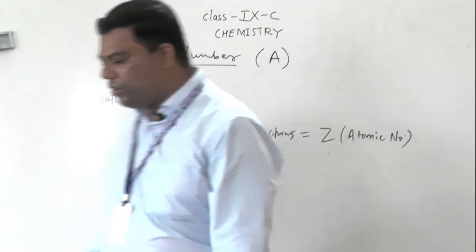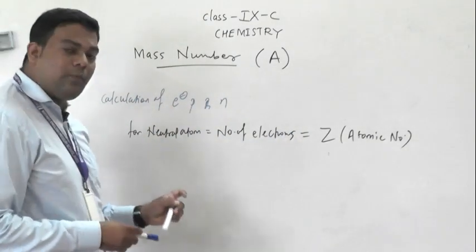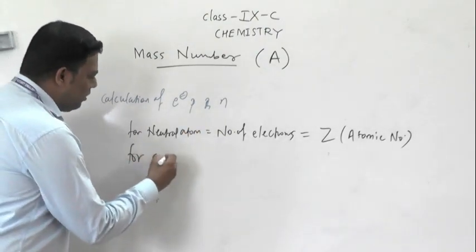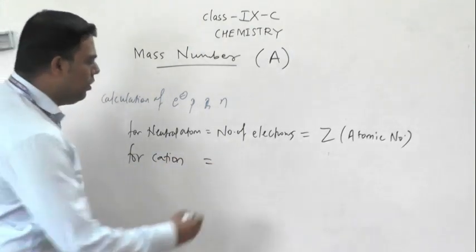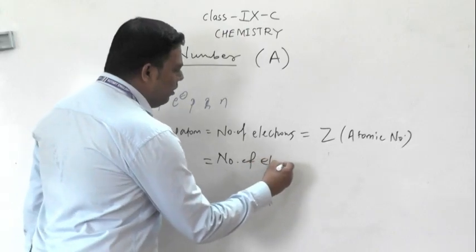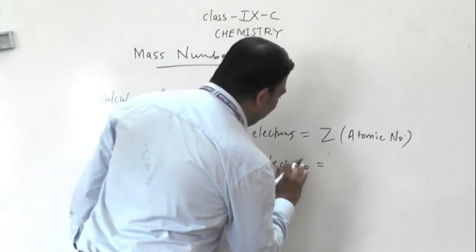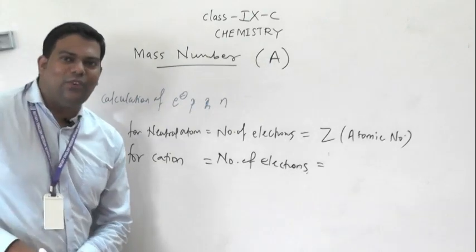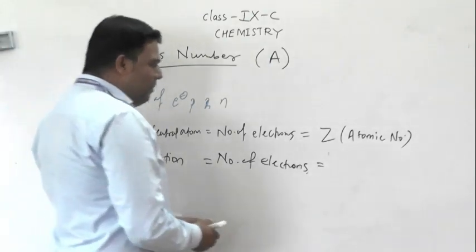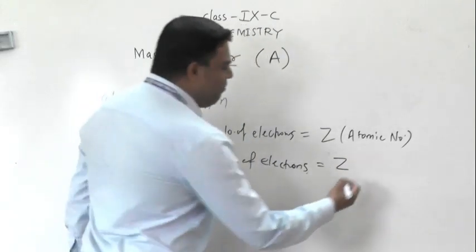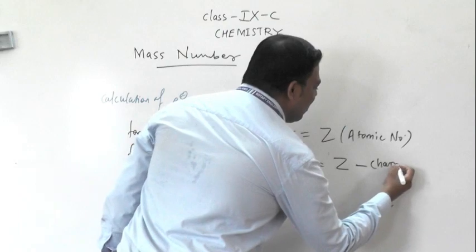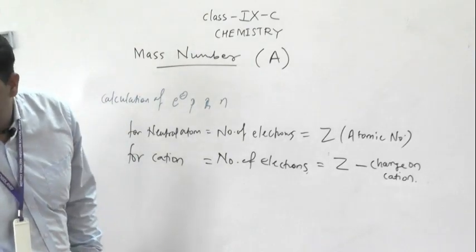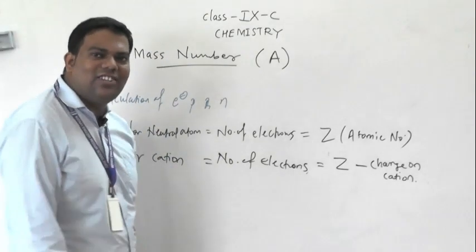Whenever we are calculating the number of electrons for a cation, the formula becomes Z minus the charge on the cation, or on that element, however much charge is present.